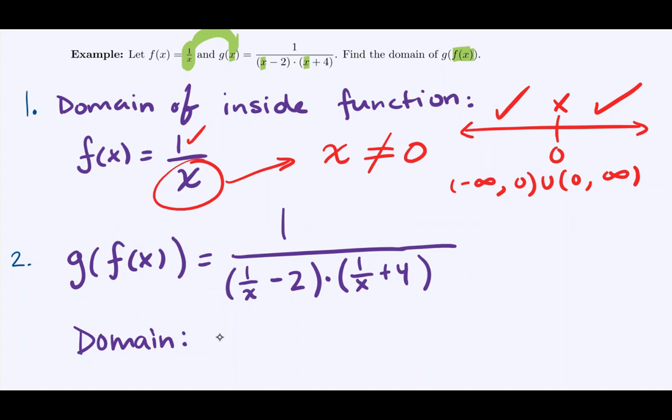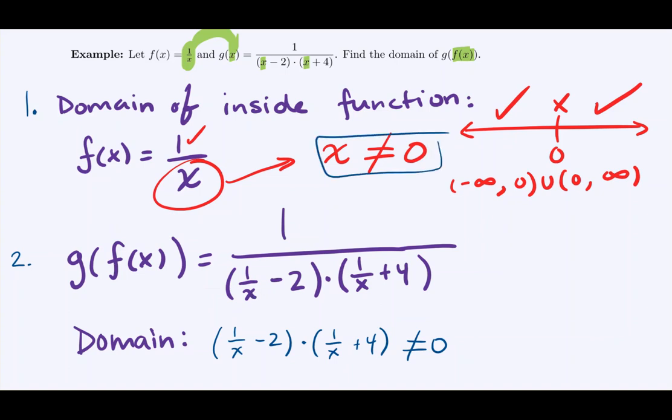So we need to make sure that 1 over x minus 2 times 1 over x plus 4 can't equal 0. Now 1 never has trouble, and specifically, what do we know about this expression is within 1 over x can't be 0, but that was already covered here.